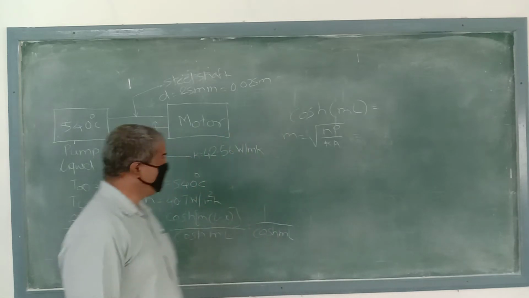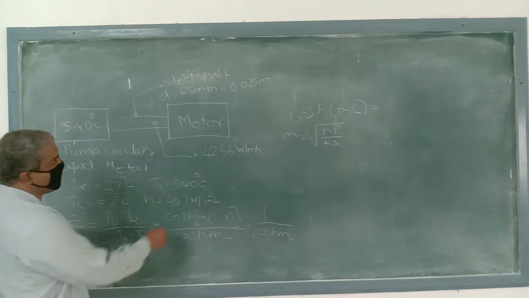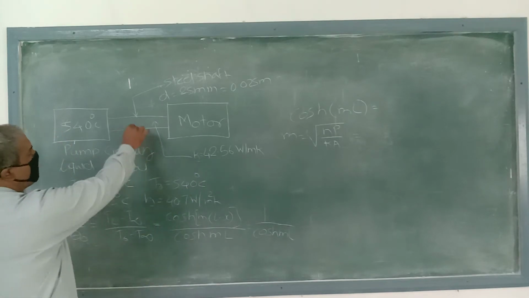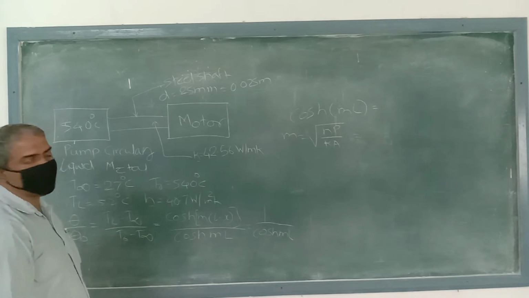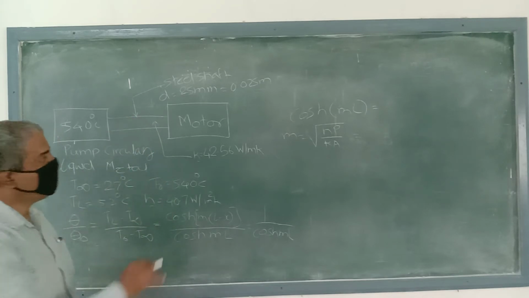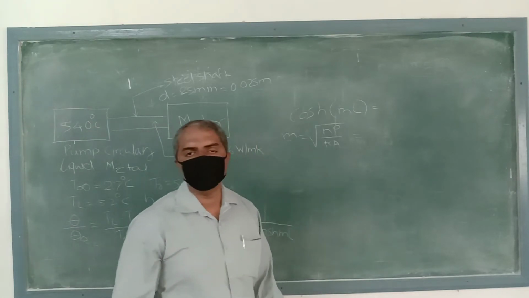Here h value they have mentioned, k value they have given in this problem. We can easily find out the perimeter and the cross section area of this shaft, and we substitute all the values and find the value of m.